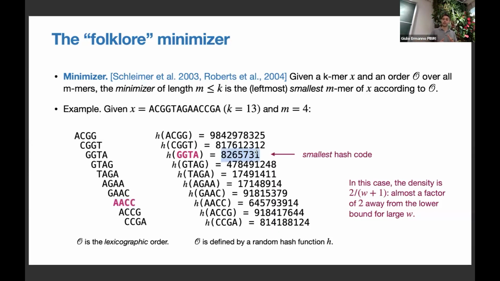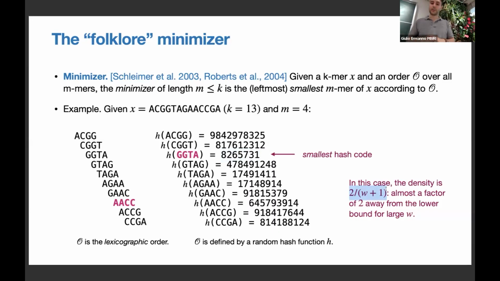If we do this, again, we obtain a family of randomized algorithms, and there is a simple randomized argument that shows that the density of the random minimizer is 2 divided by W plus 1, where W, I remind you, is K minus M plus 1.